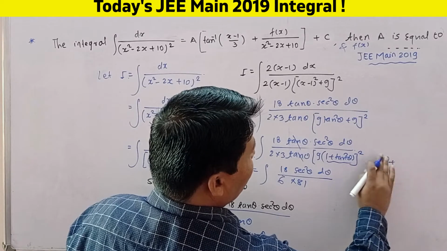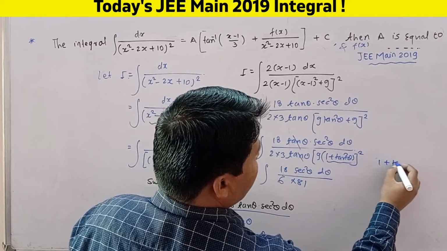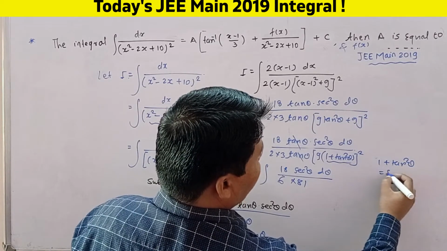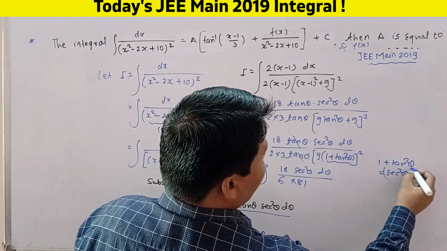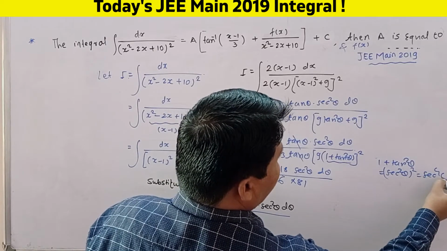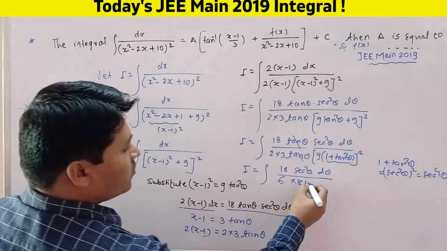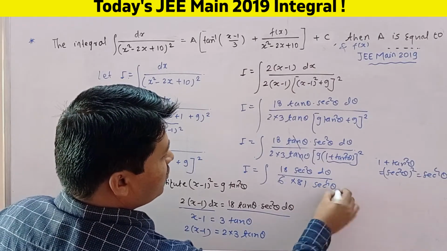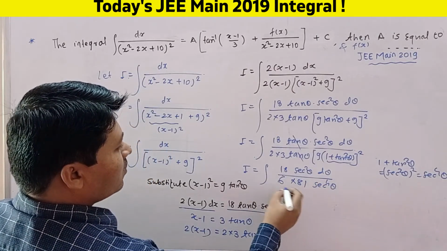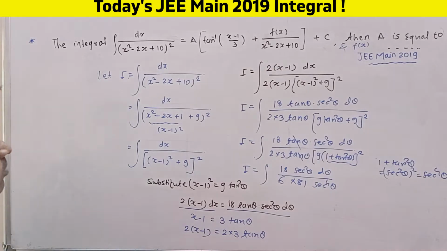We know that 1 + tan²θ is equal to sec²θ, and squared, that gives sec⁴θ.